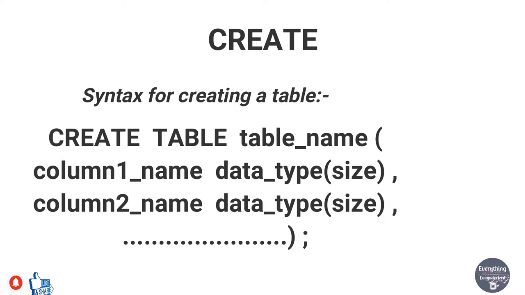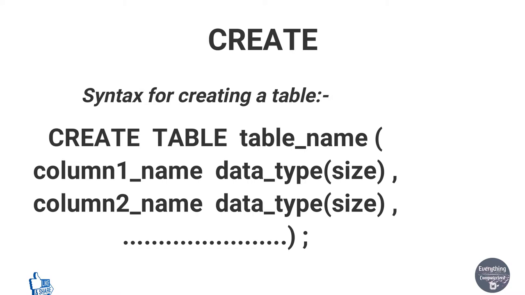So first is the column name, and then after a space write the data type of the column, and within parenthesis you have to write the size of the data type. And like this we can include as many fields as we want by separating them with a comma. And then after the closing of the final parenthesis you have to include the semicolon, which indicates the end of the command.